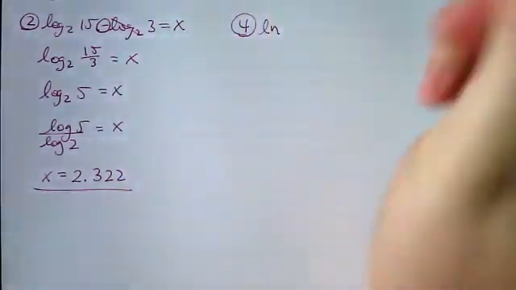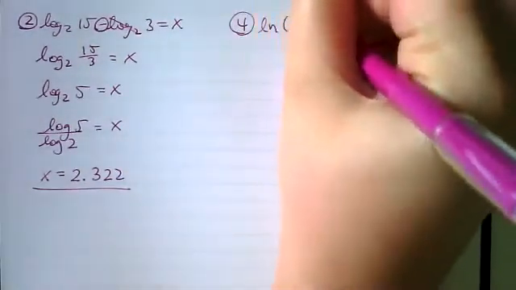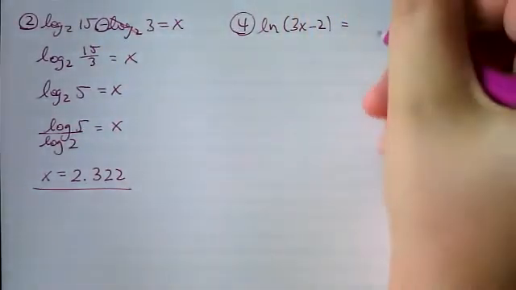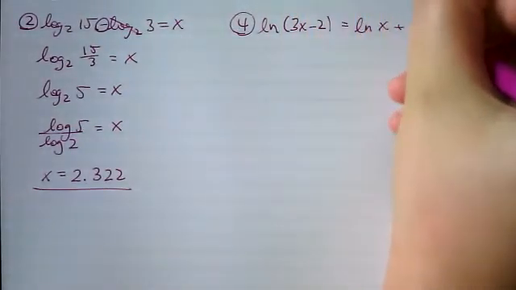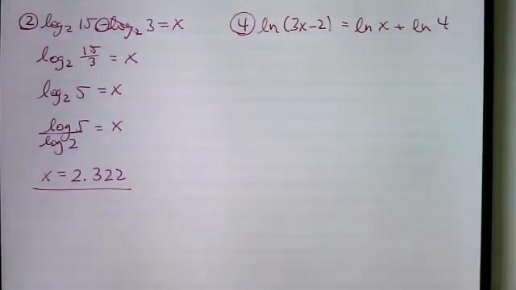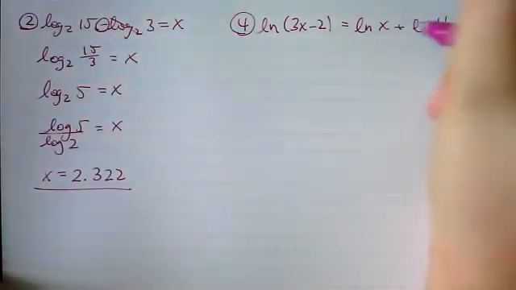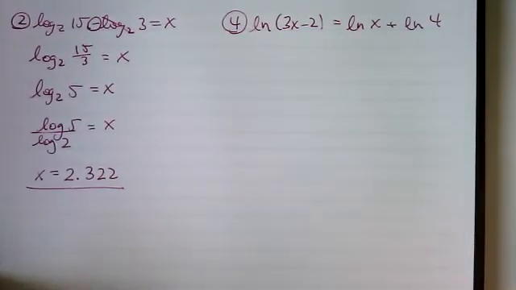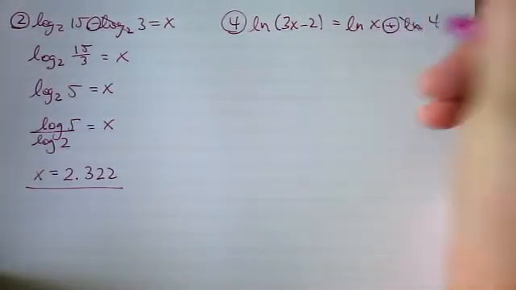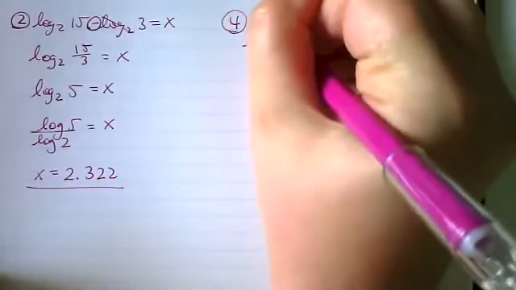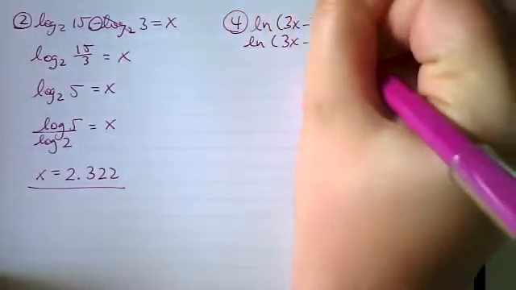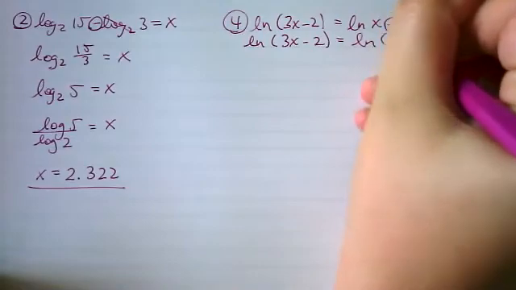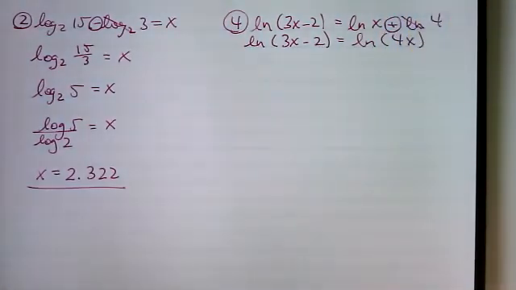I've got natural log of 3x minus 2 equals the natural log of x plus the natural log of 4. Okay, so again, first thing, combine. It's on the right side now, but that doesn't matter because we only want one log per side. So addition turns into multiplication. So the left-hand side is still the same. I don't change anything there. But now it's equal to the natural log of 4x because I'm multiplying the 4 and the x together.